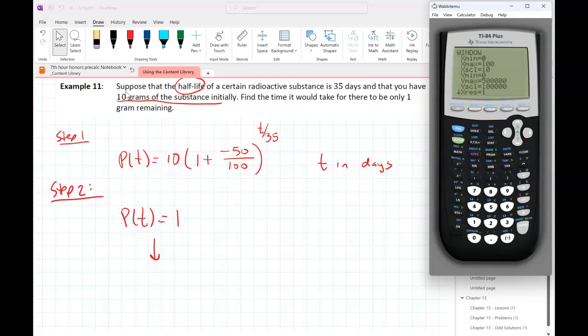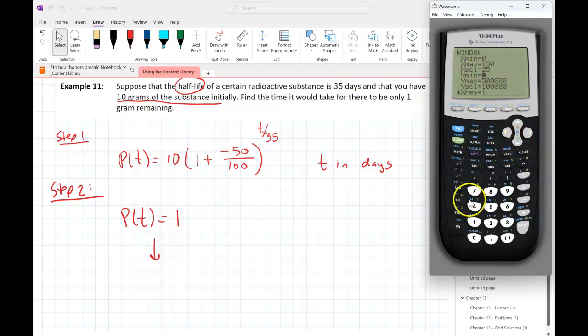So I'm going to pick my x to be at least 4 half-lives. If there's 35 days to a half-life, I'd want at least 140 for my x max. I'm going to do 150 just because it's a nice round number. And then we'll scale by 25s or something.